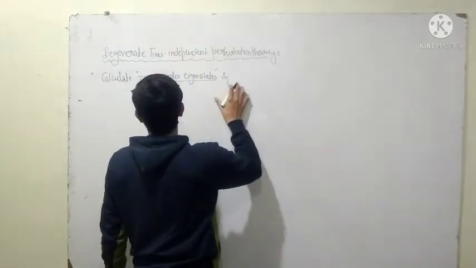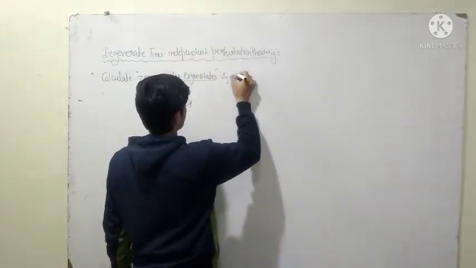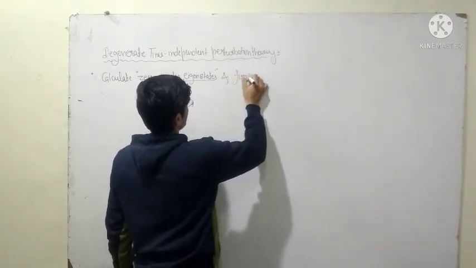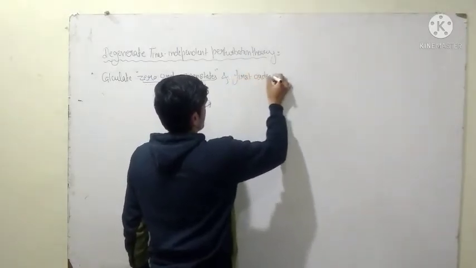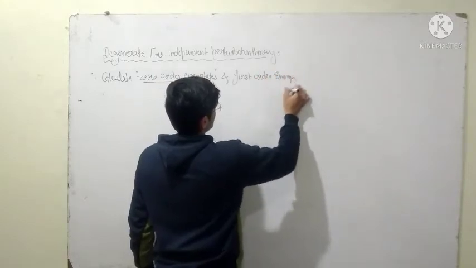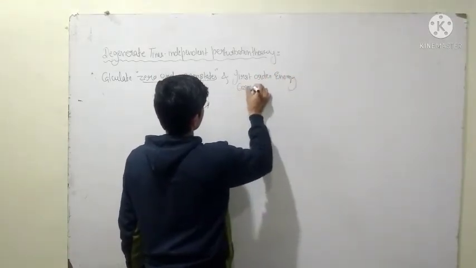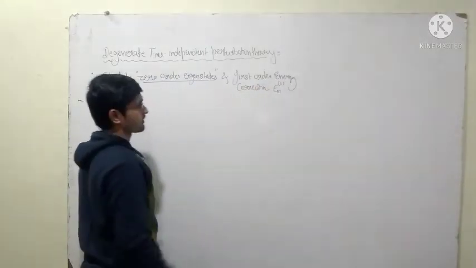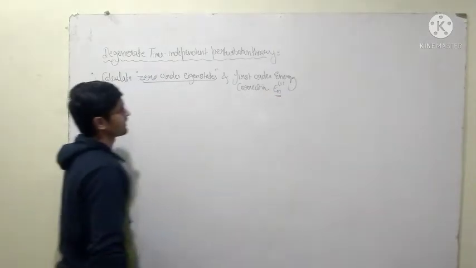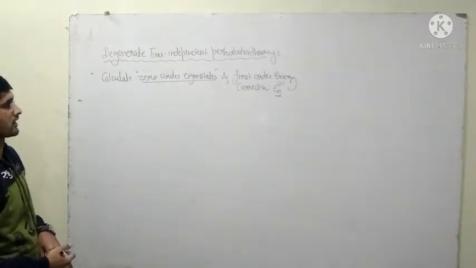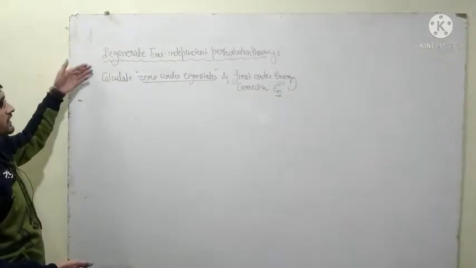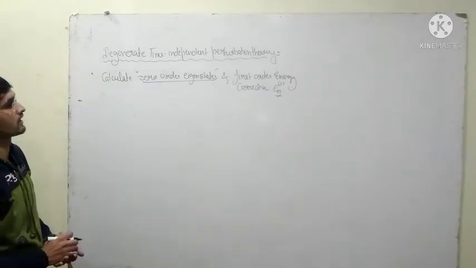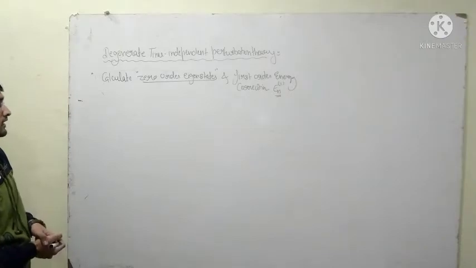The second thing that we are looking to calculate is the first order energy correction, which is En1. This is the quantity we are looking to calculate, because the calculation for the degenerate case is very hectic, very difficult. So we will just calculate these two quantities in this derivation.